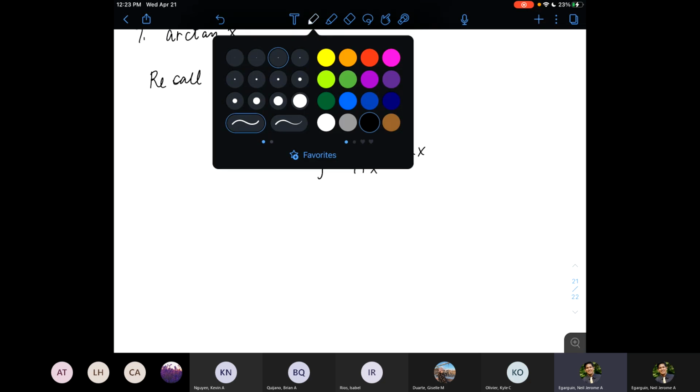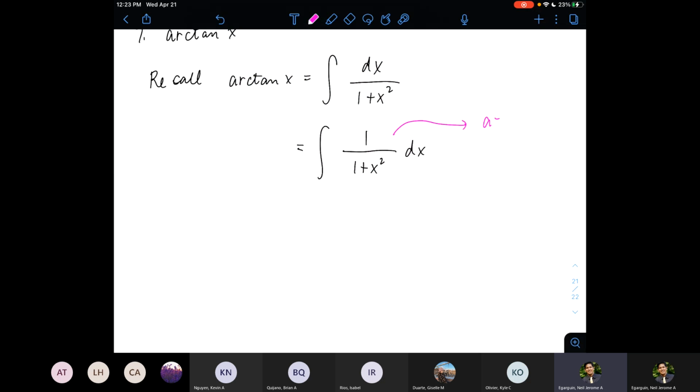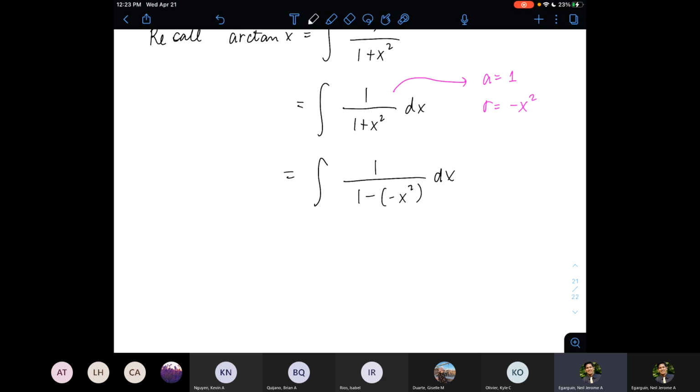So in this particular case, we'll have a equals 1 and r is equal to negative x squared, because I can further write this as 1 over 1 minus negative x squared dx. And remember that the sum of a over 1 minus r is equal to the sum of ar to the n, going from 0 to infinity. This is the sum formula that we know from geometric series, right?